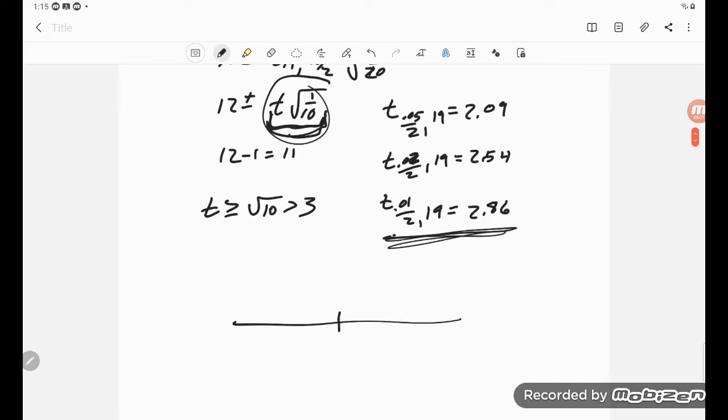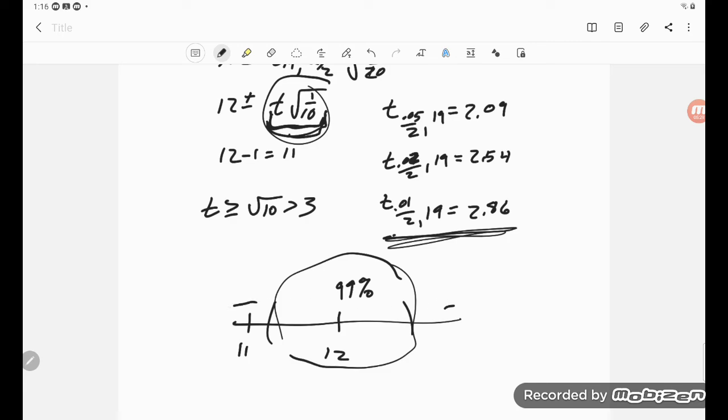well, do it here. Here's 12, here's 11, and my 99% confidence interval looks something like that. And so that means, if there's a 99% chance the real answer's in there, then there's only a 1% chance that it's out here somewhere.